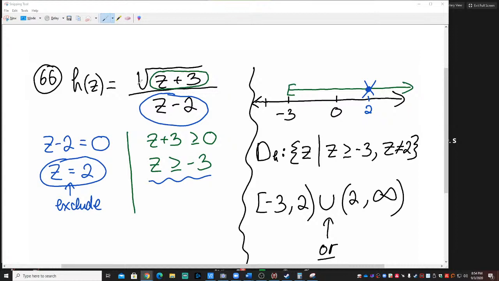F of g means composition. Composition is going to come in a little later, not today. So little dot.